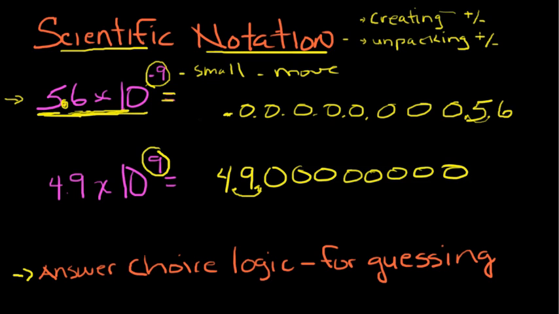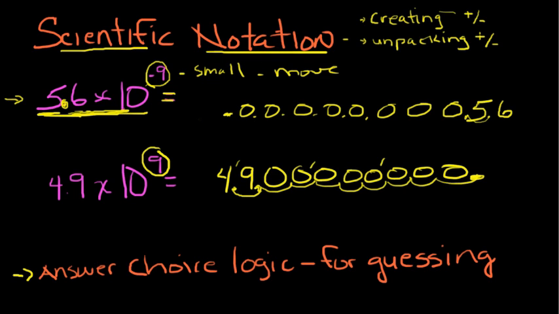So that's 1, 2, 3, 4, 5, 6, 7, 8, 9 places. So that's 1, 2, 3, comma, 1, 2, 3. What is that? 4,900,000,000, something like that.